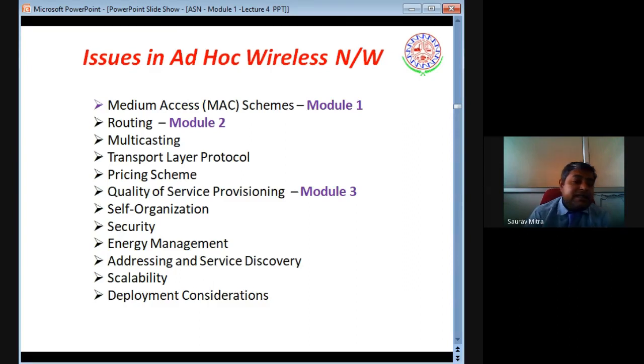Scalability. I had explained last day that initially suppose you have designed an ad hoc network with 10 sensors and they are working fine. Now you want more accuracy. More accuracy in data can be obtained if I am increasing the number of sensor nodes. Previously I put 5 sensor nodes and I was measuring the temperature of a certain area.